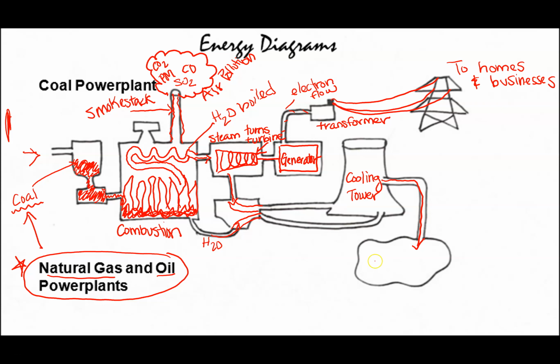So this is usually called a cooling pond. And a lot of times when it's put into the cooling pond, it's still not as cool as the rest of the ecosystem, but it's cool enough. It's not as burning hot as it was back in the power plant.